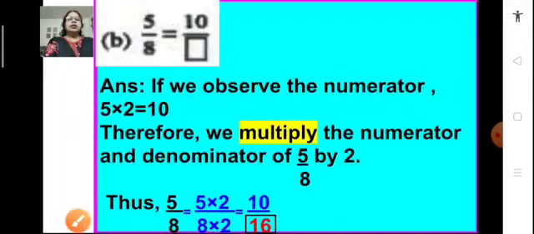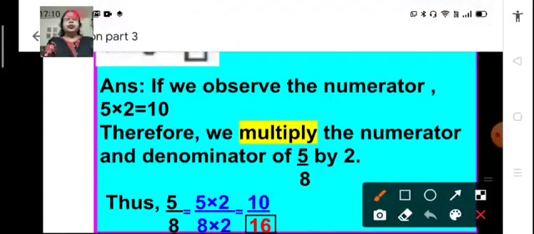Next question, 5 upon 8 is equivalent to 10 upon dash. So if we observe here again, how do we get 10 as numerator? We multiply 5 by 2 and then we get 10. That means we have to multiply this fraction by 2.